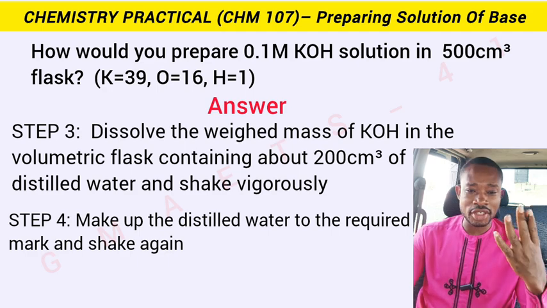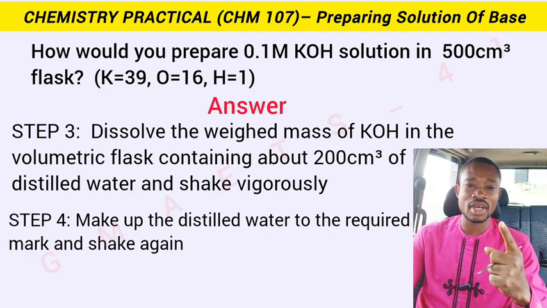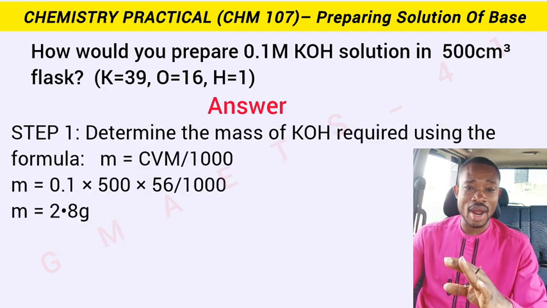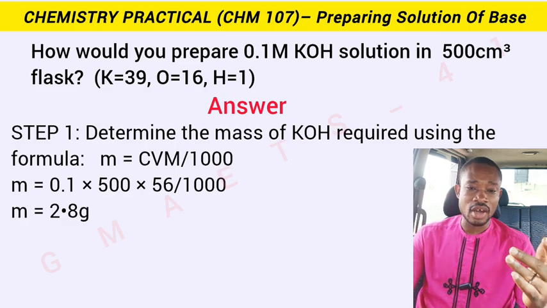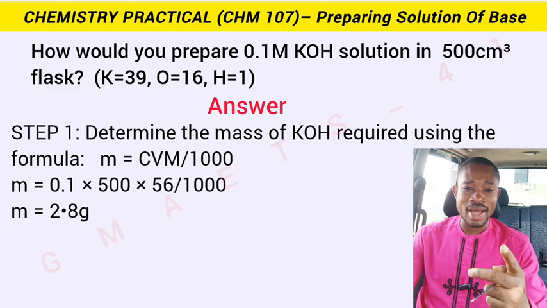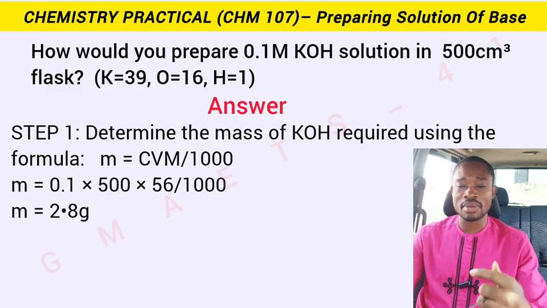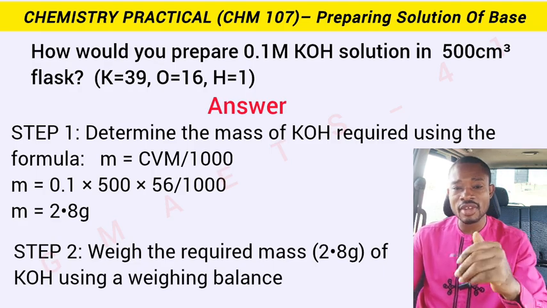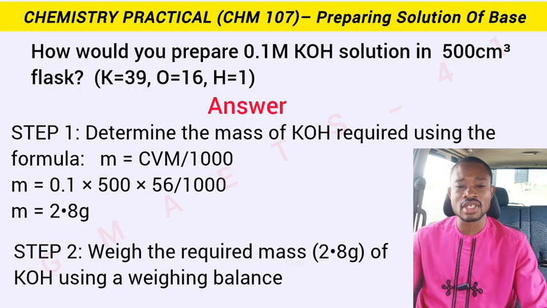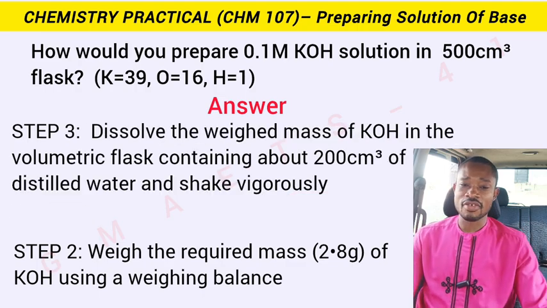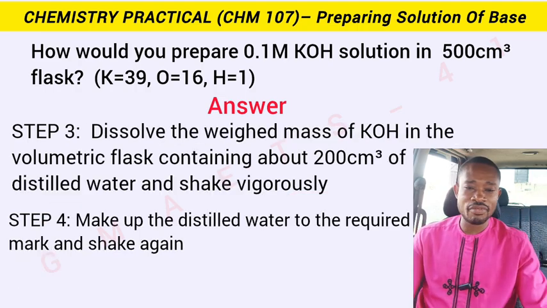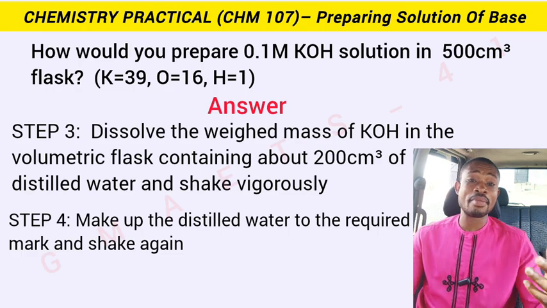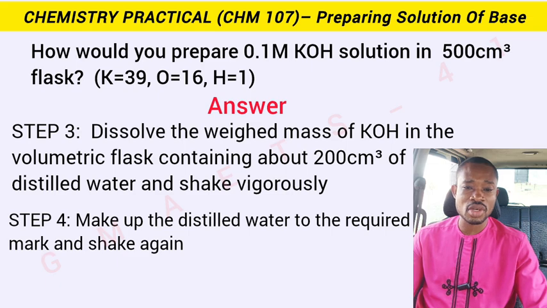So how many steps have been mentioned? 4 steps. The first is to calculate the mass of the base you require to dissolve. Once you know the mass, the second step is to weigh out the mass using your weighing balance. The third step is to dissolve that mass in a certain volume of distilled water. And the fourth step is to make up that volume of distilled water to the required mark according to the volumetric flask you're using.